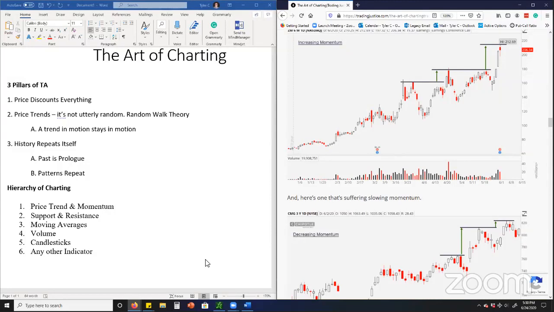That's a long sentence, okay? So how about just decreasing momentum? I'll type it here. Decreasing momentum equals don't buy the dip, okay? If we're increasing in momentum, I want to buy the dip. That's a good trend. I want to buy the dip. That's a good trend.